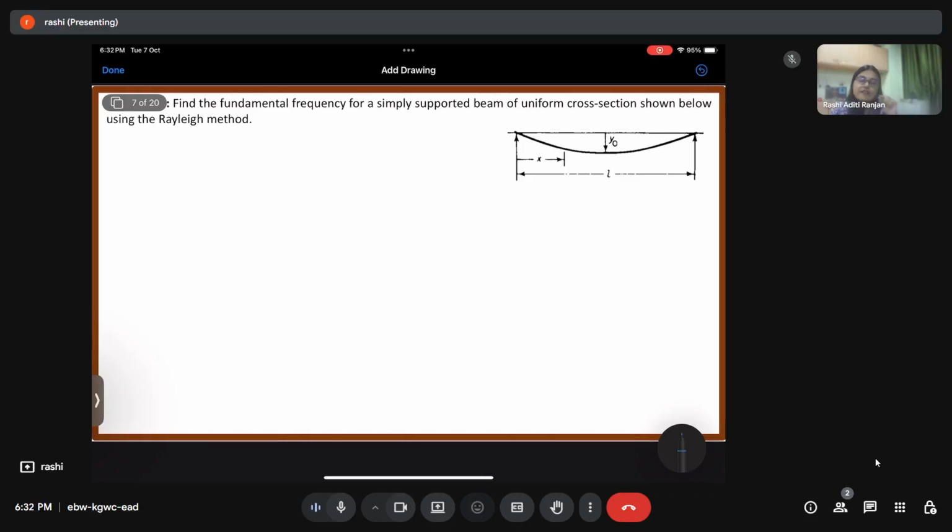So if we consider a very small part of this beam, for example a part like this, if this angle is d theta, we can assume this length as dx, and this radius is R. For bending of beams, these are the usual nomenclatures.